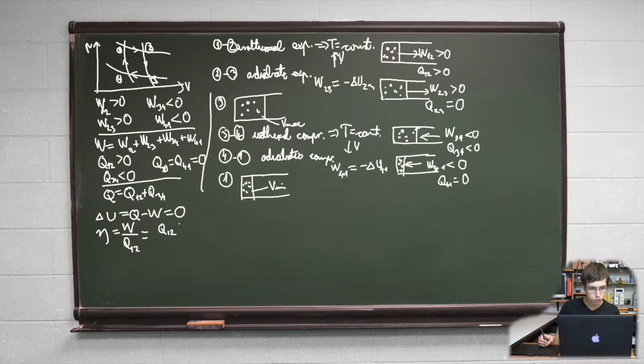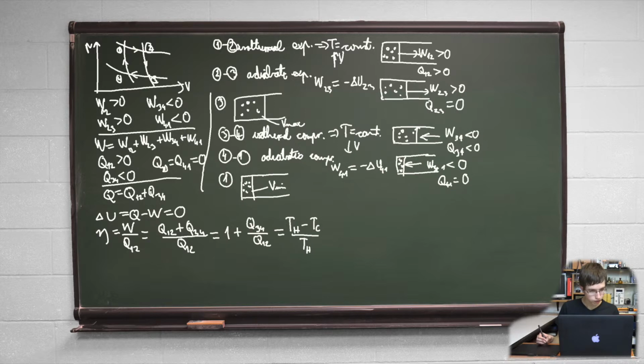Work done is equal to heat exchanged, so it is this formula for total heat exchanged in the process over Q12, heat received by gas in the first phase, or we can write it in this way. And we also have a temperature relation for this, where TH is temperature of hot and TC temperature of cold reservoir. So we've written this formula for thermal efficiency also using these temperatures.